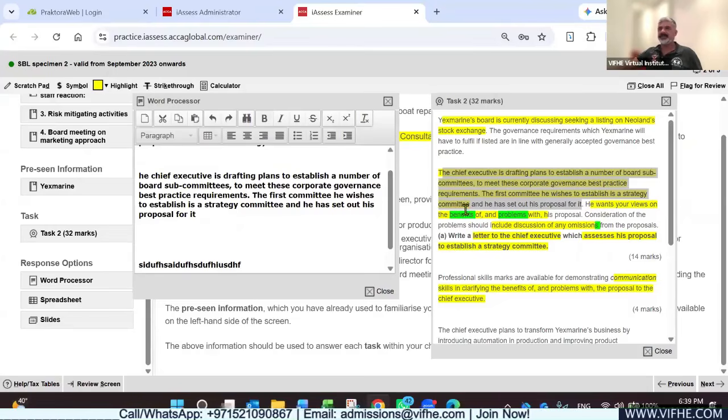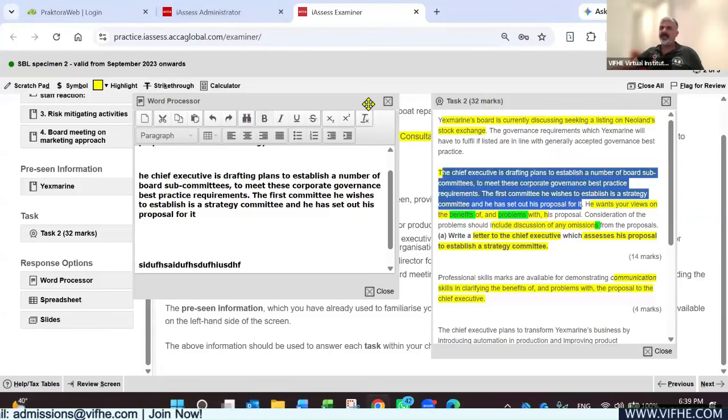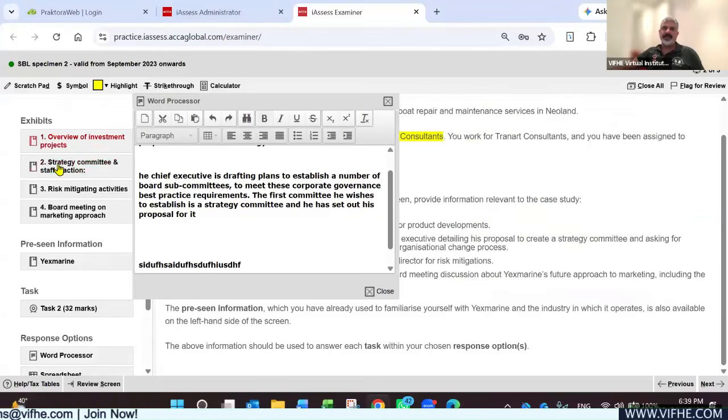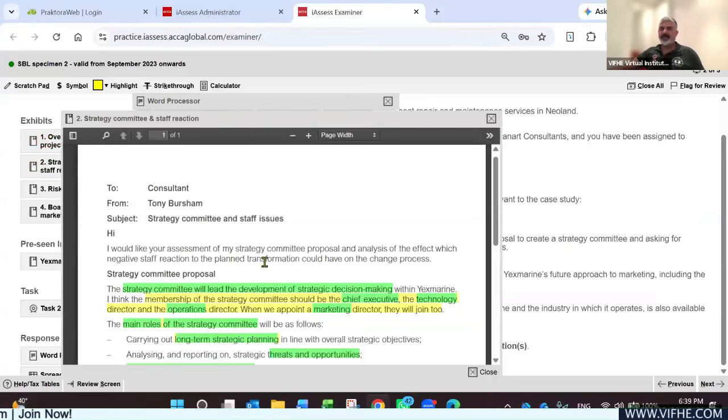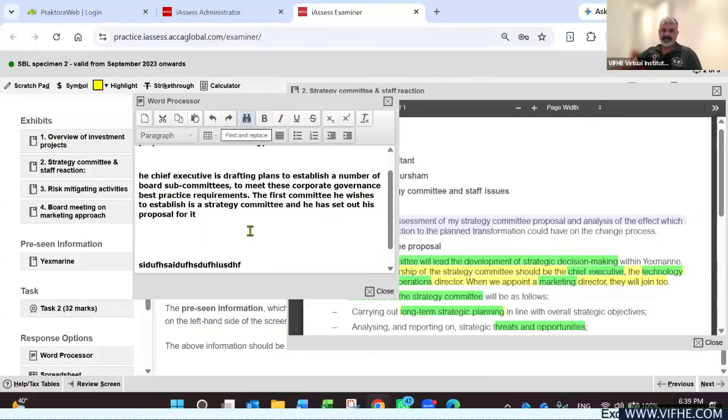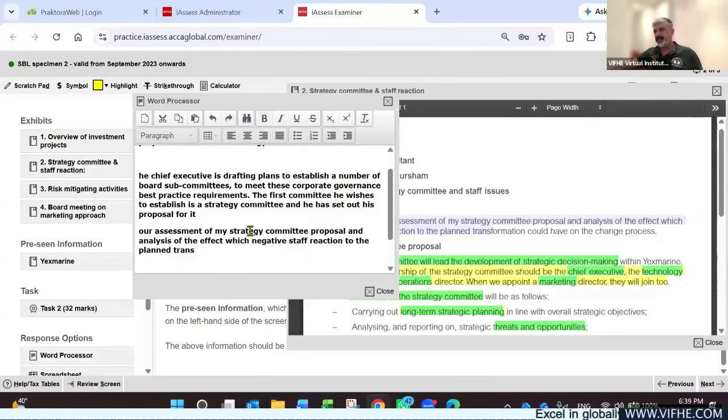Is that clear, guys? So you can have multiple windows open and copy paste information from the exhibits and the task. If I open this exhibit, I can copy this sentence, paste it here and then elaborate on it.